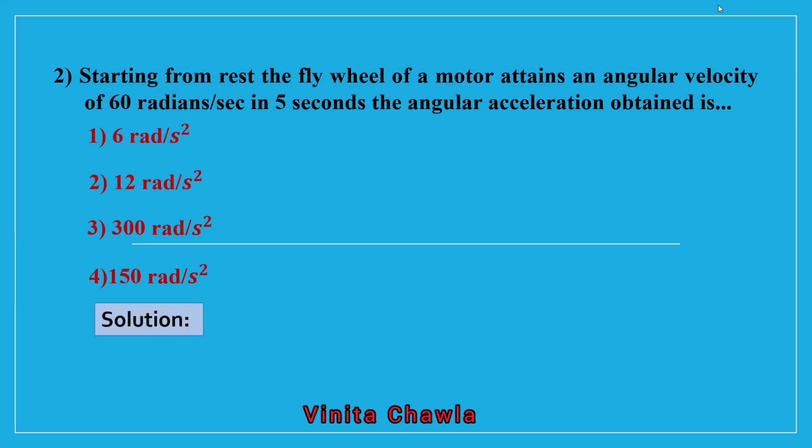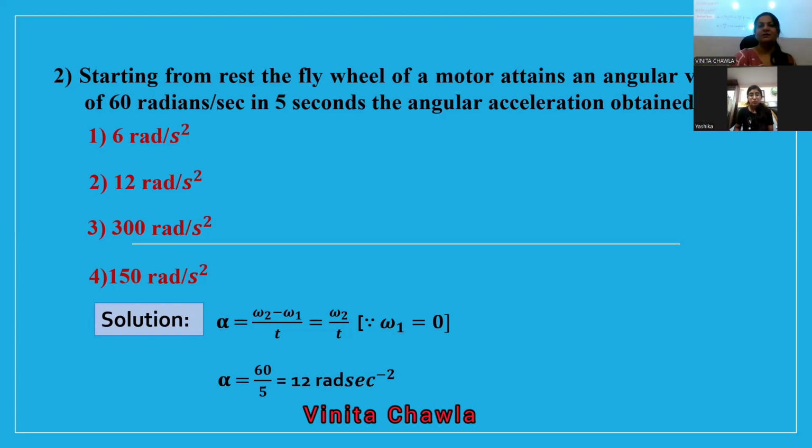Initial angular velocity is 0. And final angular velocity is 60 radian per second. Time is given. Put the values and get the answer. Yes, answer is 12 radian per second square. Please write this solution in your notebook. Write the question as well.